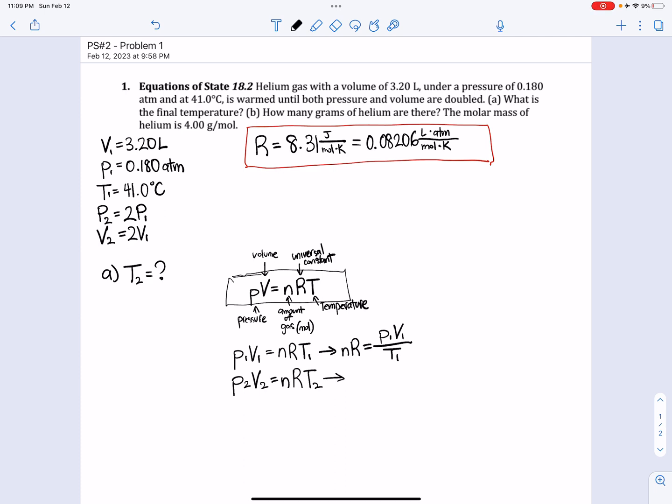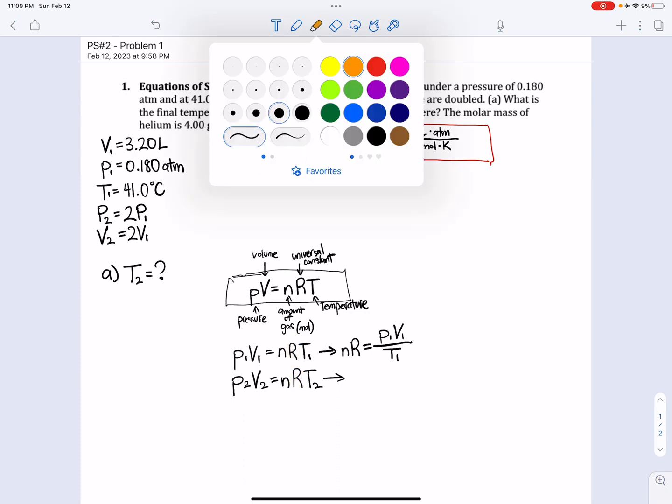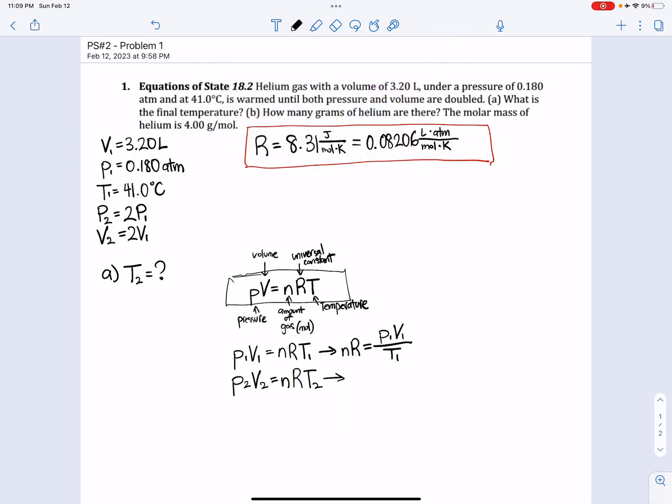And this is a universal constant, so that's not going to change. The amount of gas is not going to change either in this problem, right? So I could solve for the amount of gas times R is equal to my final pressure times my final volume over my final temperature.